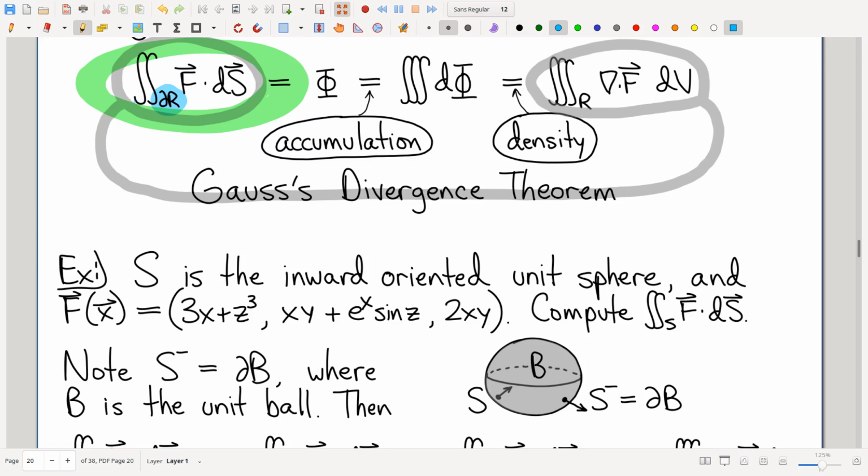But even more bluntly, it's just visibly obvious right here in the formula. This has to be a boundary because the thing it's a boundary of is our domain for our new triple integral. So if you look at a flux where the surface is not a boundary, then there is no solid that it is the boundary of, meaning there is no solid to even talk about doing a triple integral over.